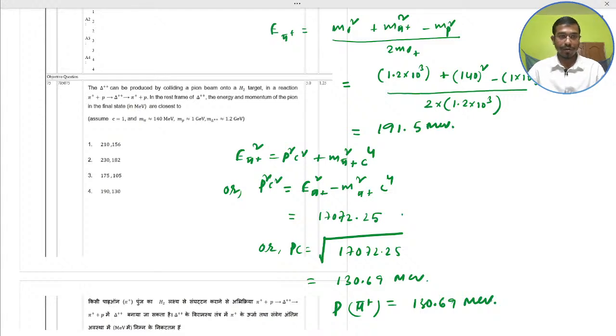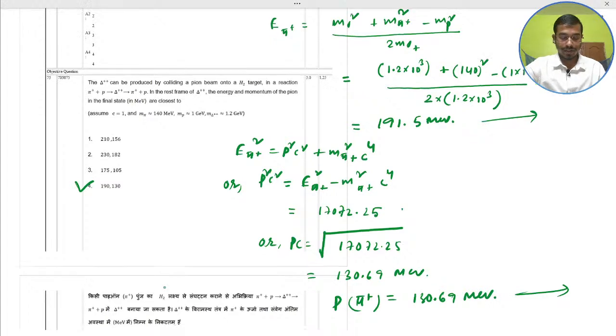So here option 4 would be the correct one. Final state 190 means the 191.5, this one and that one. Option 4 would be the correct answer.